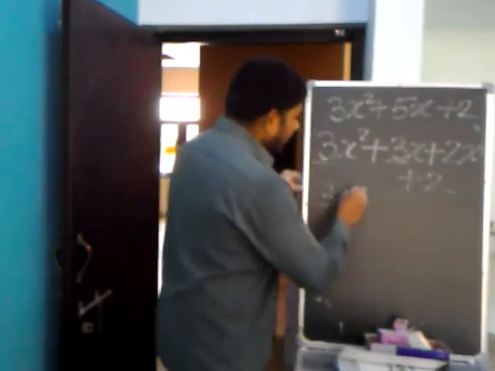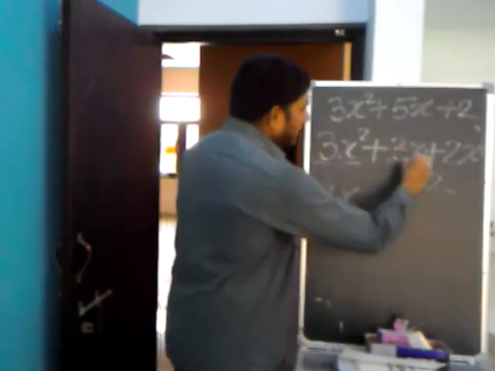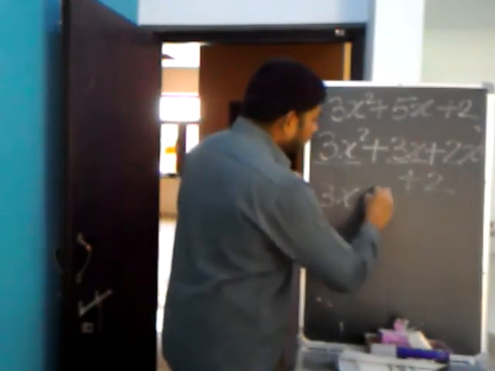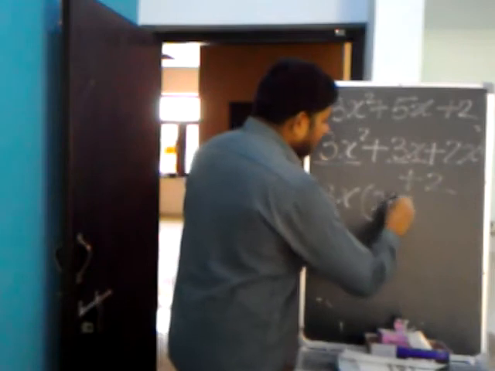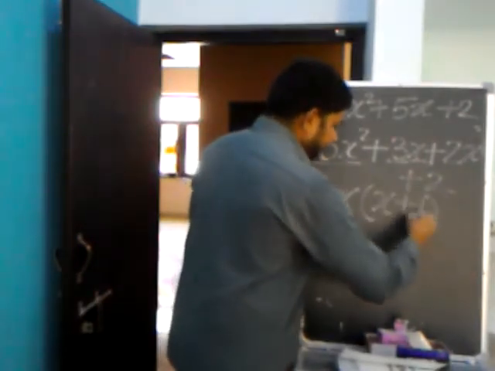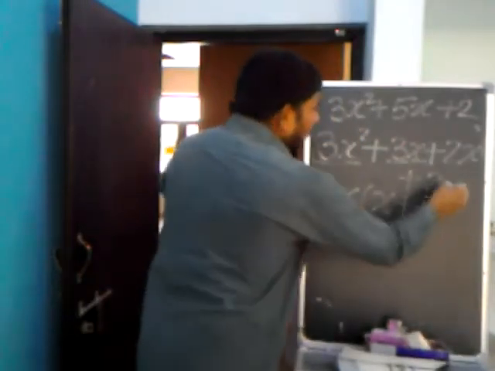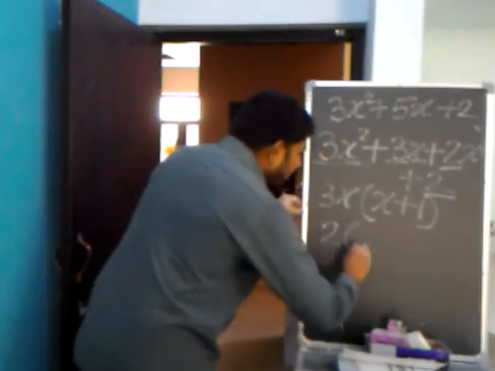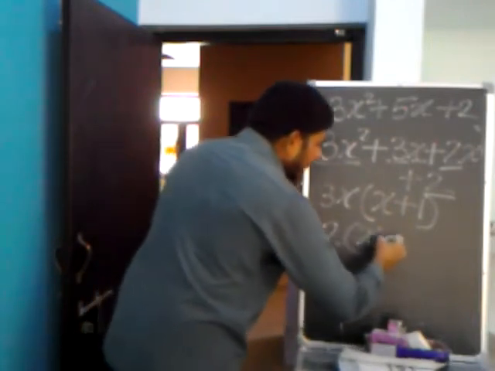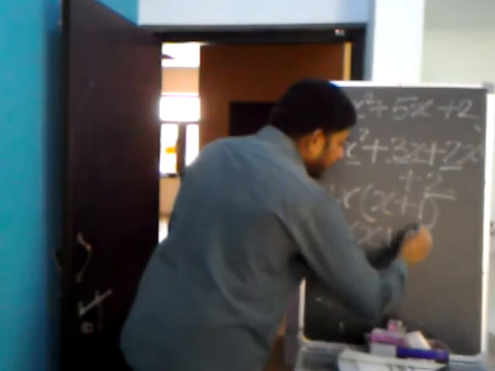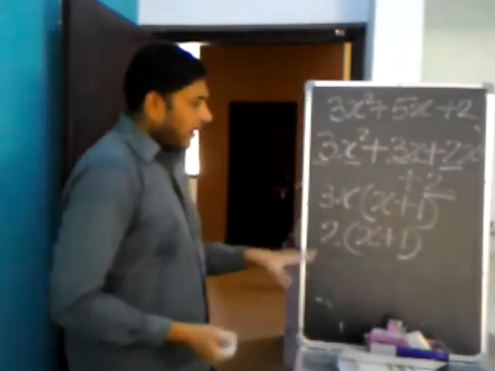Now I can take 3x as common, so I took 3x as common, and I got x plus 1. Then I took 2 common from here, and I got x plus 1. Okay.